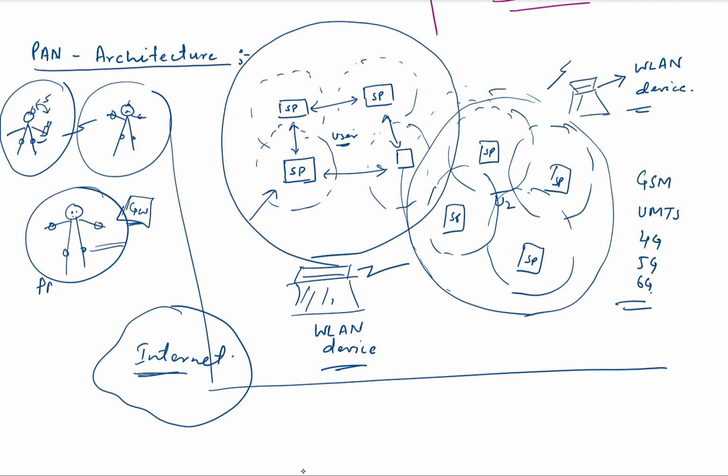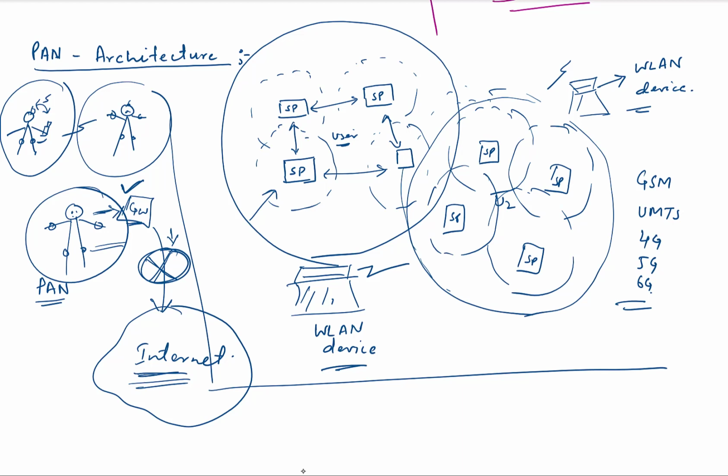This is a PAN, and it wants to communicate with the rest of the world, and the communication will occur through this gateway. You will have some router in between, and this gateway must have some routing functionalities, so that the packets coming to this interface will be redirected to another router in the route, and then finally reach the outside world, or we can communicate with the internet. This is how this architecture works.